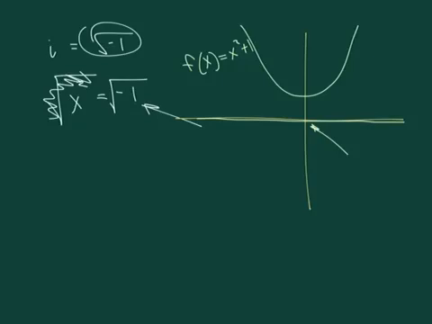Those are the roots of the problem. So if it crossed the x-axis, we have two answers for our x. But since it doesn't cross the x-axis, we don't have any answers, but we still have the graph, and that's where the imaginary piece comes from.